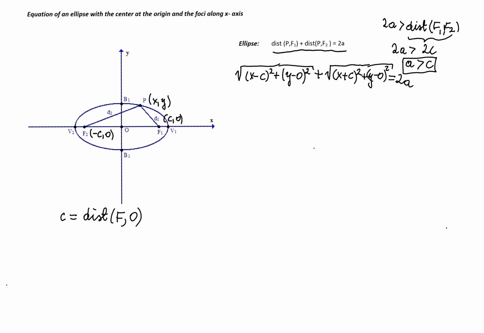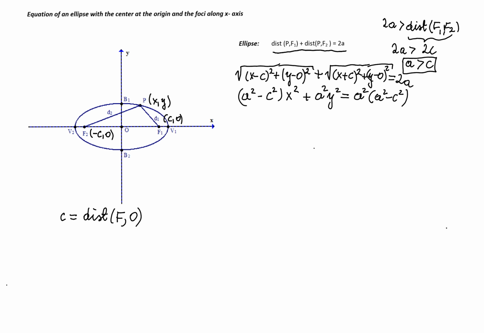However, we can simplify this equation by squaring both sides twice and combining the like terms. You can check the details in the notes or in the textbook. Eventually, after all this algebra is performed, we'll get the equation (a squared minus c squared) times x squared plus a squared y squared is equal to a squared times (a squared minus c squared).